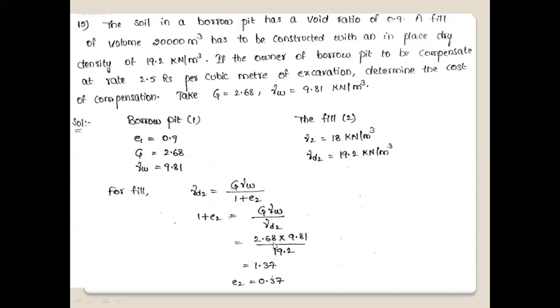Specific gravity 2.68 multiplied by unit weight of the water 9.81, divided by gamma D2 dry density 19.2. It is 1.37. So E2 equal to 1.37 minus 1. Then finally E2 equal to 0.37. It is the void ratio in the fill portion.